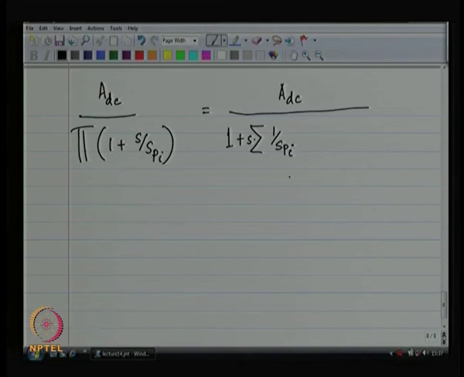The second order term, you get S squared something like this, etc., etc.